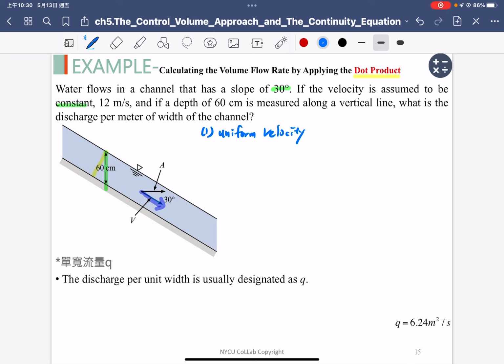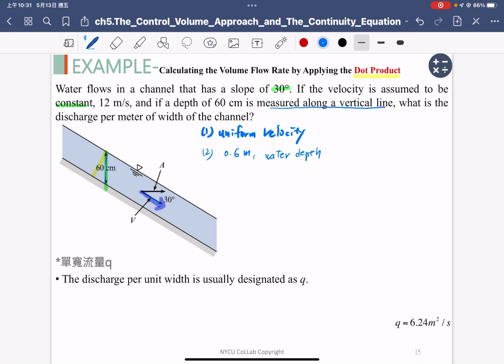And the water depth is 0.6 meter. This is the water depth, measured along the vertical line here.